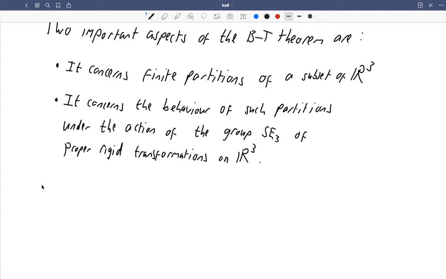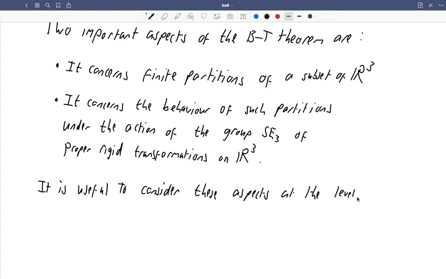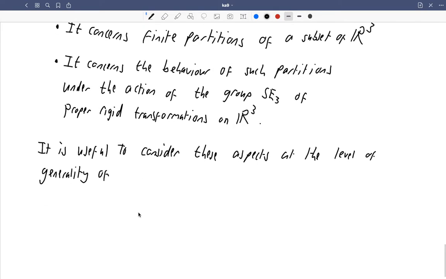So an arbitrary group acting on a set. So it is useful to consider these aspects at the greater level of generality of arbitrary group actions.